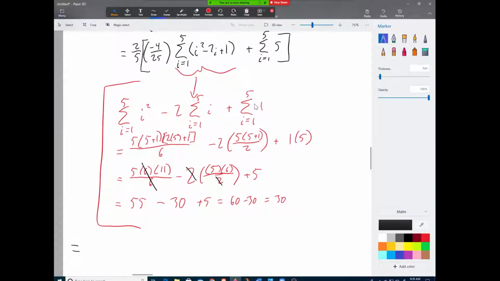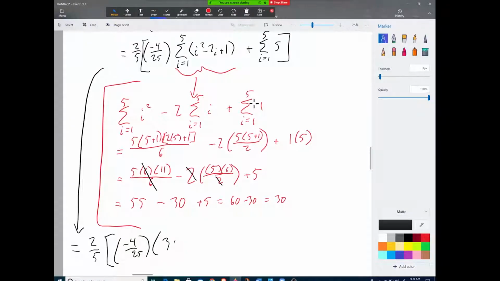So now I'm going to go back to the original problem. And I can substitute that in here.